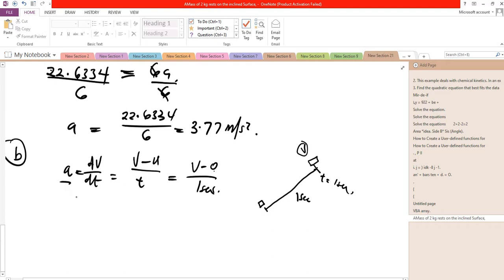From this expression, v minus u is equal to at, and v is equal to u plus at.